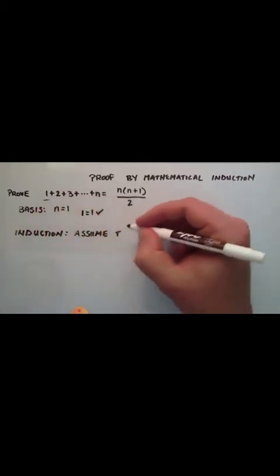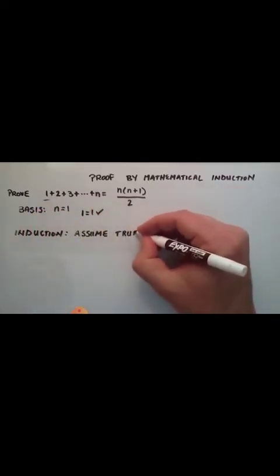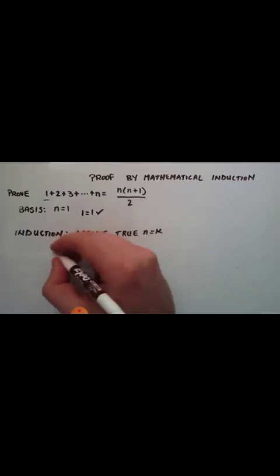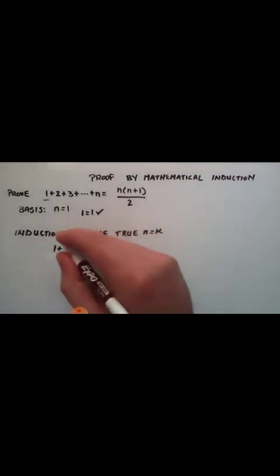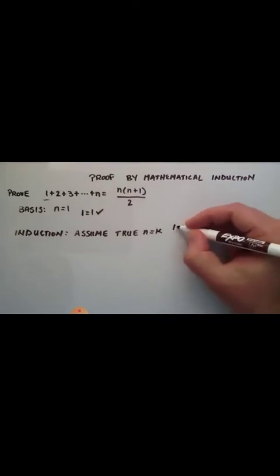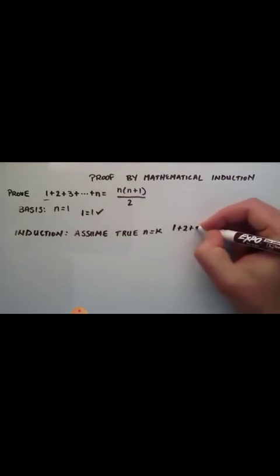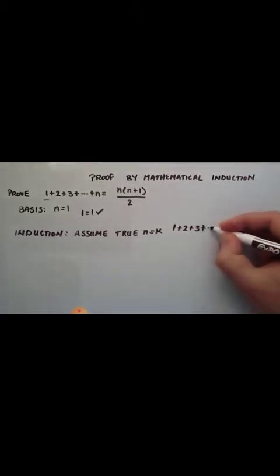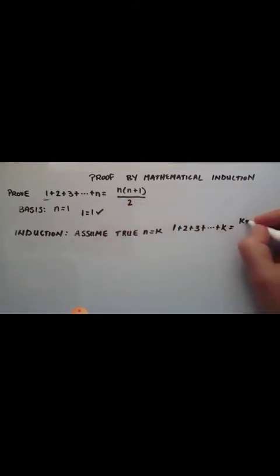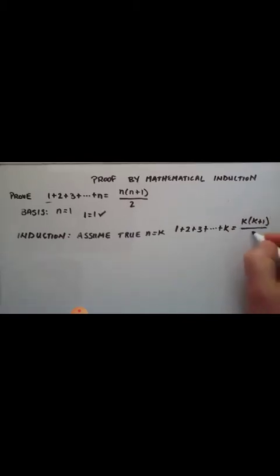Putting n is equal to k in the left hand side, we get 1 plus 2 plus 3 plus dot dot k, and on the right hand side it will be k(k plus 1) upon 2.